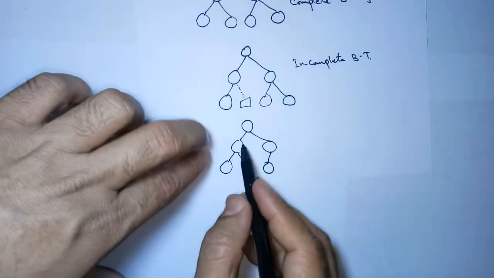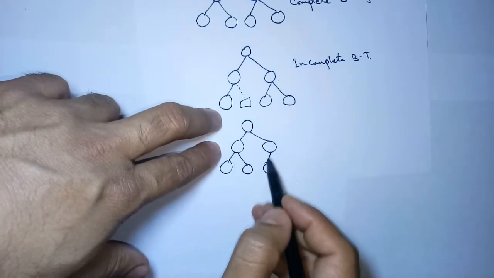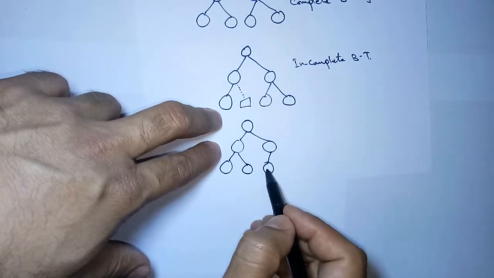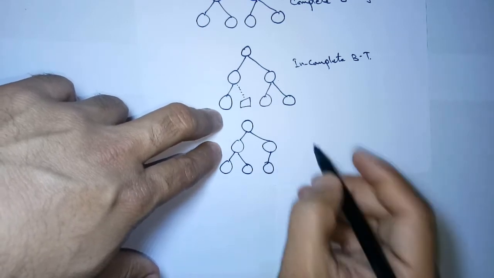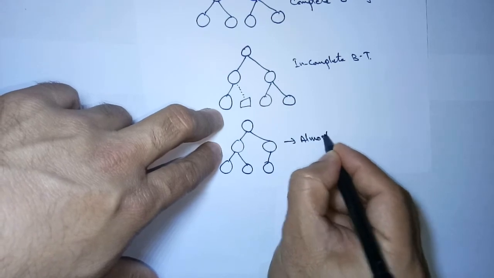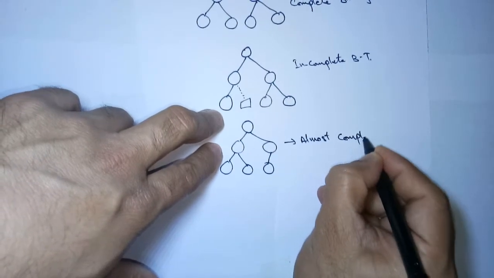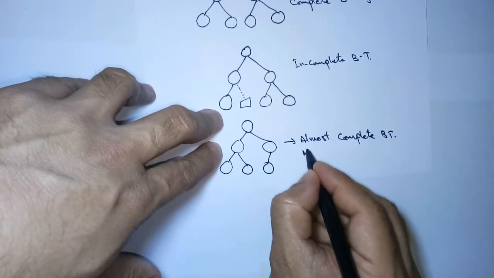You can see the root node has two children, the left node has two children, the right node has one child on the left-hand side, and the right side is missing. It's okay. If this is the case, this is called an almost complete binary tree, or we call it a nearly complete binary tree, right?